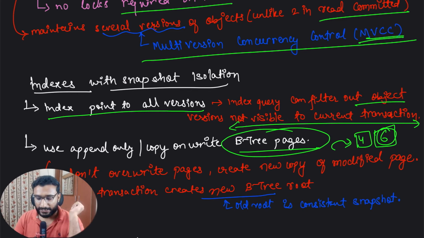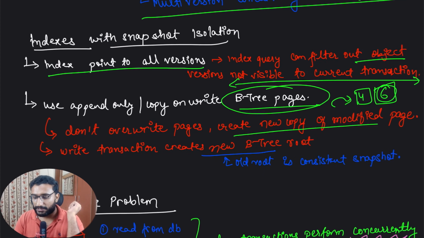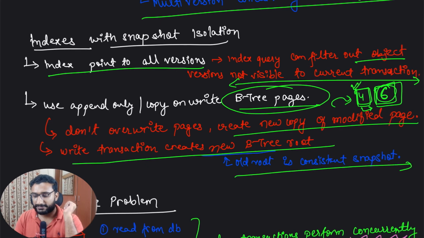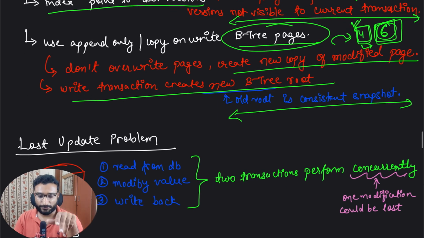Instead of overriding the value, you create a new copy of the modified page. Let's say you create a new page, and keep the existing one as it is, so that you can use it as a snapshot. The write transaction creates a new B-tree root, and the old root is a consistent snapshot. Understood? So this can be one possible solution.